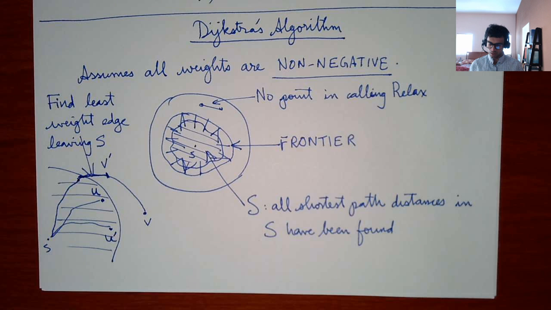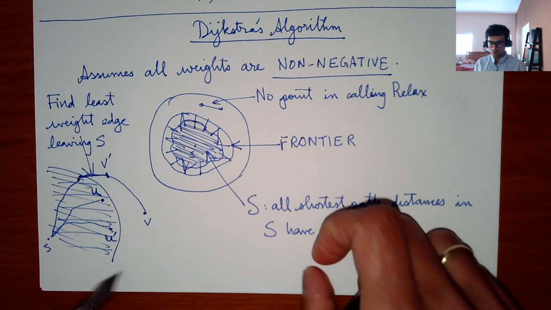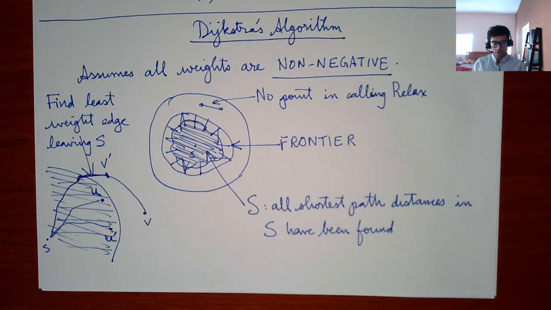So it says when you discover all the shortest paths within here, you know that any shortest path going to any vertex has to go from within the frontier and go out. So you find the first edge that should go out, and you call relax on that edge. And if you do this, you can save on trying to call it blindly the way Bellman-Ford does. So you choose the order of the relax operations carefully.